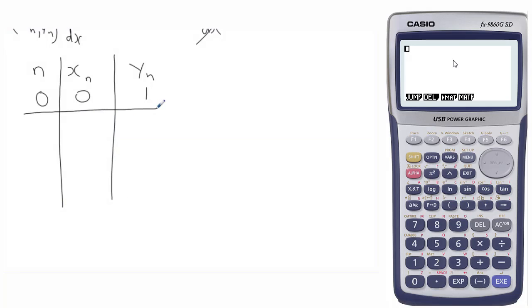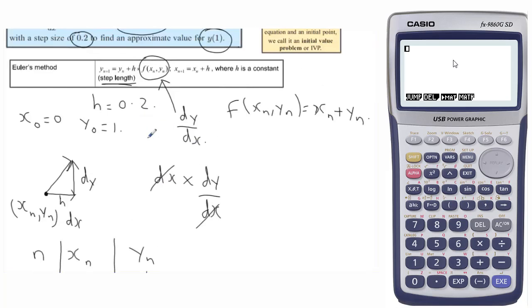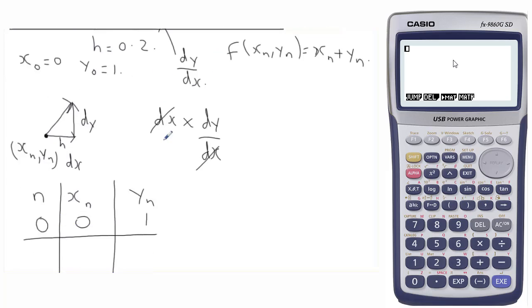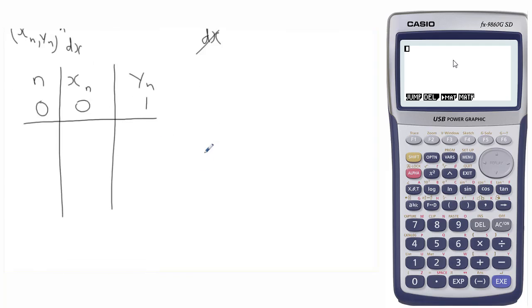As far as the x goes, we're targeting 1, and we're just going to go along by 0.2 each time. And it even says in the formula, x n plus 1 equals x n plus h. h is the step size, the step length, which is 0.2. So we actually know how many steps we need to do, because x is going to go up by 0.2 each time, and we're interested in when x is 1.